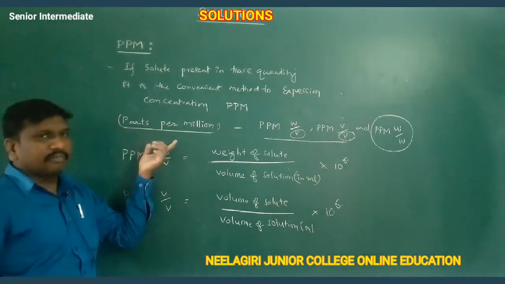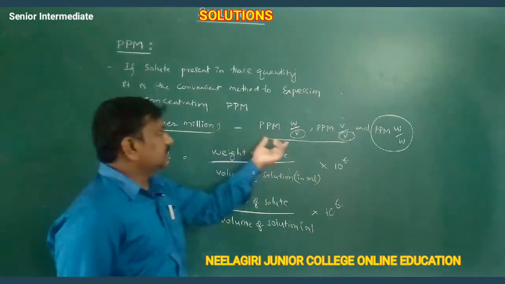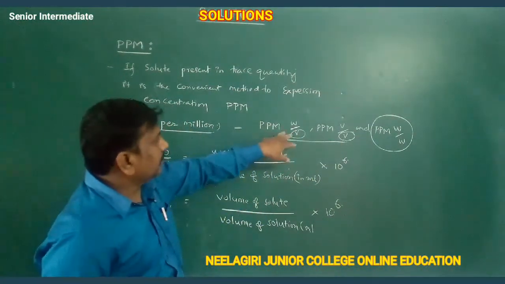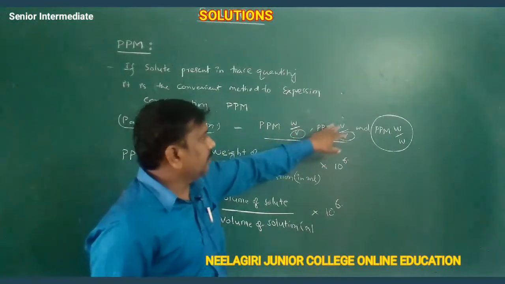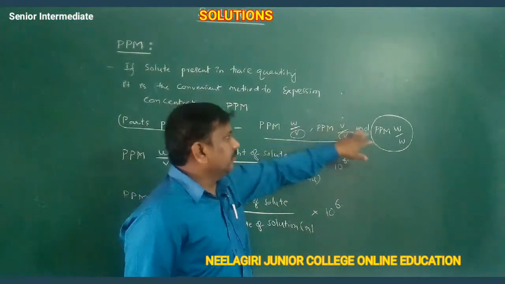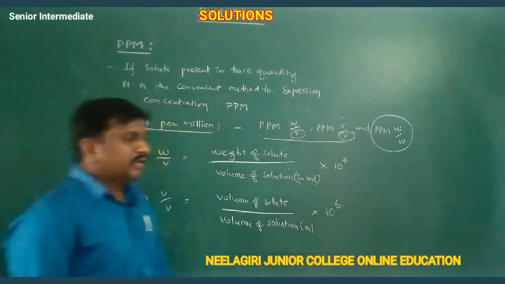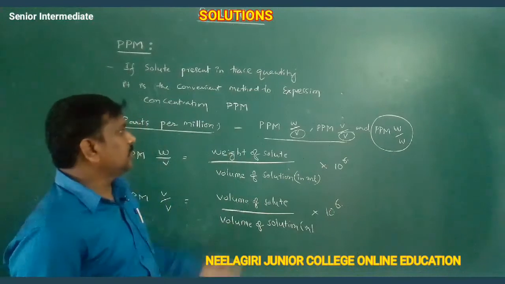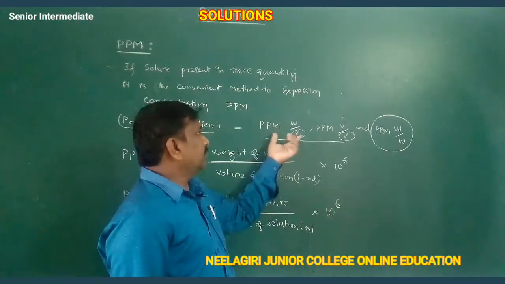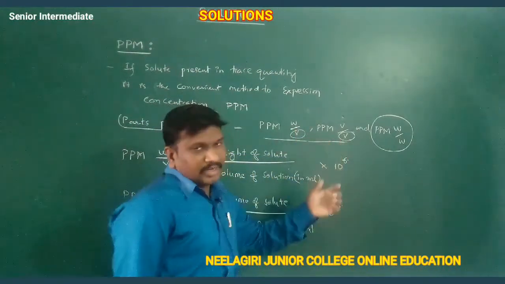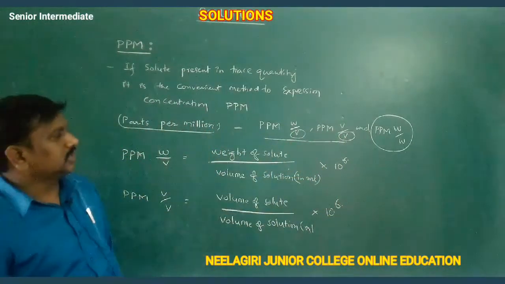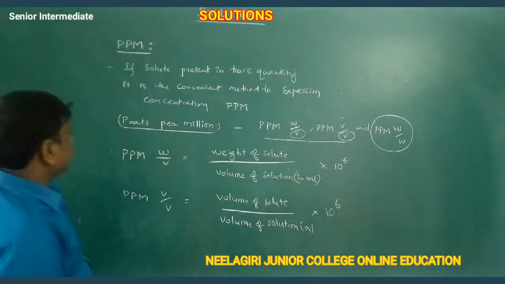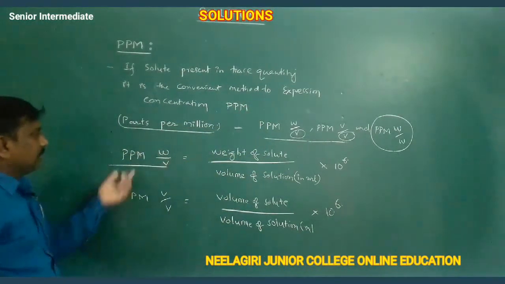You can express ppm in 3 methods: ppm weight by volume, ppm weight by weight, and ppm volume by volume. ppm weight by weight is a temperature independent concentration term. These two terms, ppm weight by volume and ppm volume by volume, are temperature dependent concentration terms.